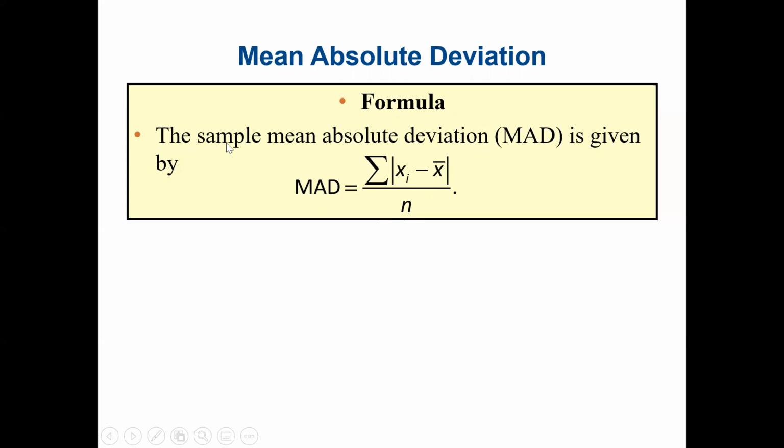Again, here we are looking for the sample mean absolute deviation. So each value in the data set minus the average value of the data set, absolute. It's the sum of all divided by the sample size.